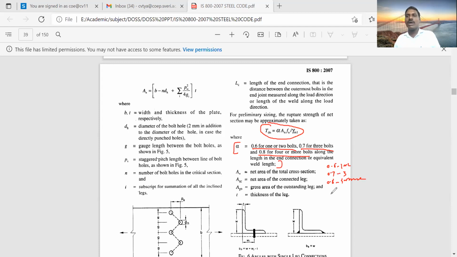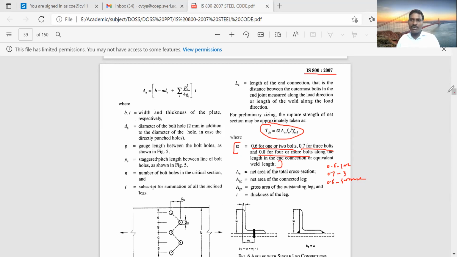Are you getting it, everyone, how to choose the value of alpha and where it is available? Yes, sir. On page number 33 this formula is available, and on this particular page they have told us about the alpha value. So we can take 0.6, 0.7 and 0.8 for 1 or 2, for 3 bolts and for 4 or more bolts in IS 800 2007.